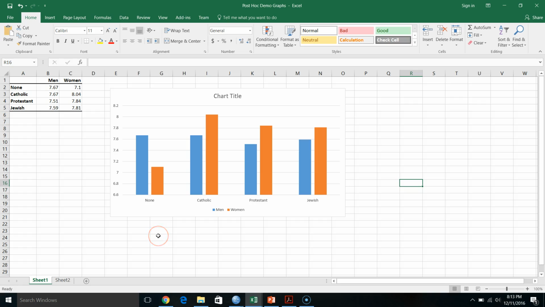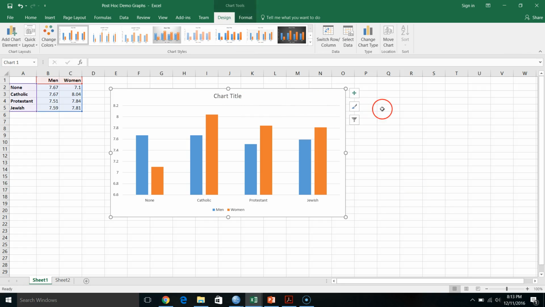What we've got here is the discrepancy across men and women for participants who don't identify a religious affiliation, and people who identify with Catholicism, Protestantism, and Judaism. It looks like for our religious participants, men are registering slightly lower levels of conservatism than women, except for those who don't identify any religious affiliation, where we've got that switched around.